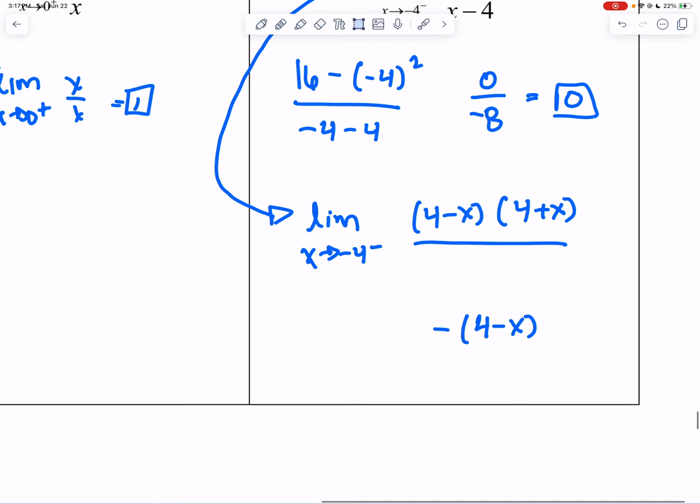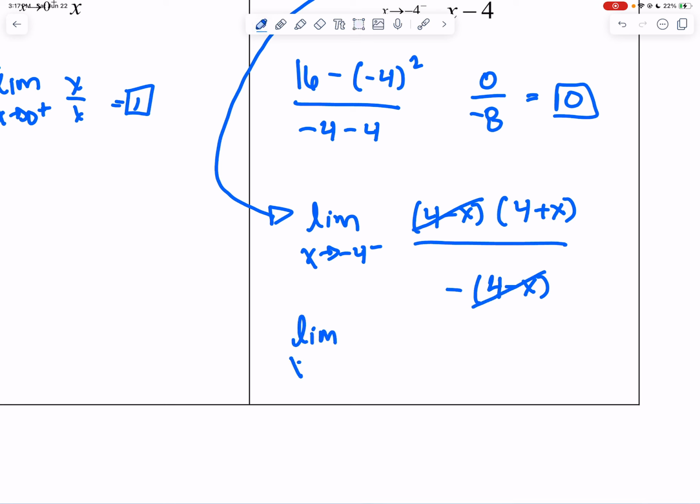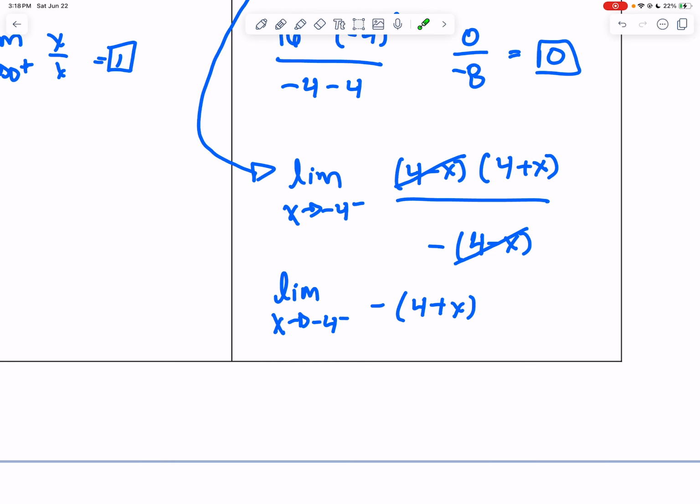So then you'll notice that this will cancel out. This will cancel out. So now I'm left with the limit as x approaches -4 from the left of -4 plus x. And notice how this right here is still a continuous function because it's a continuous linear function. So if I were to plug in -4, I'm still going to get 0 anyways.